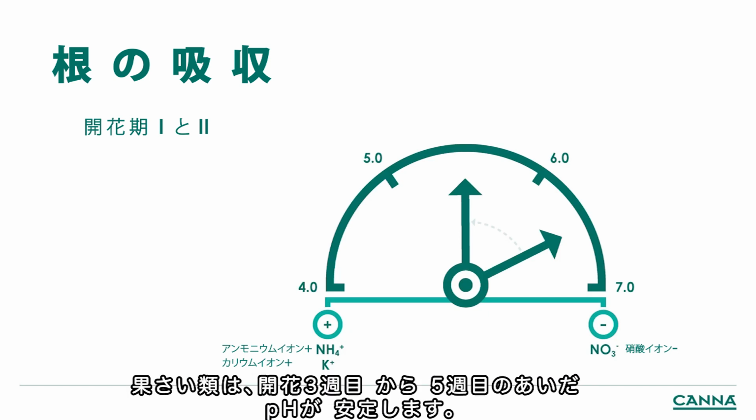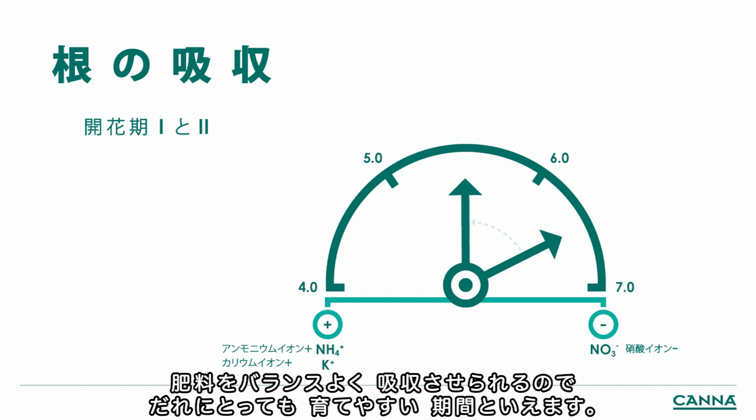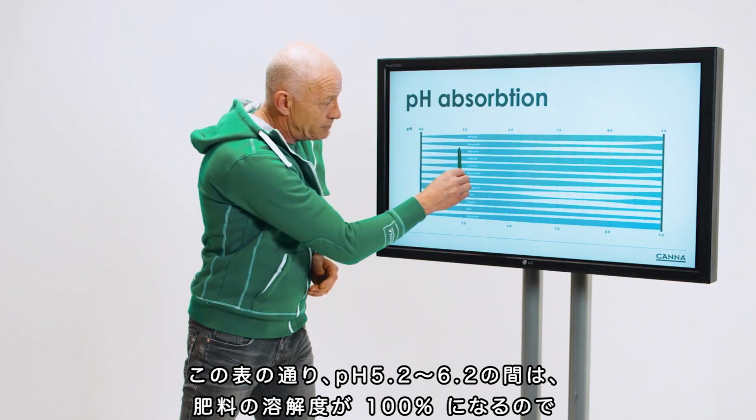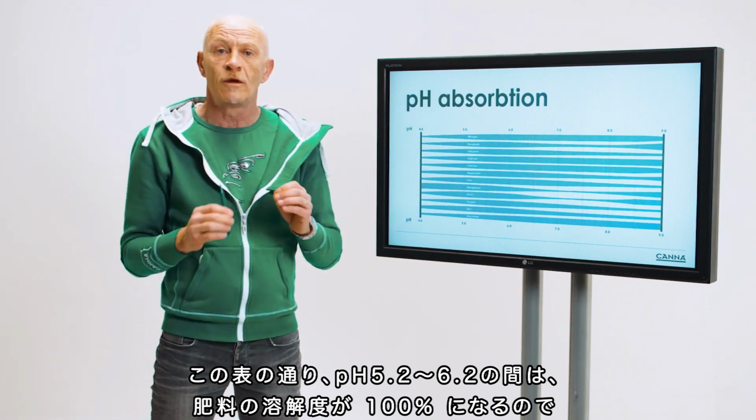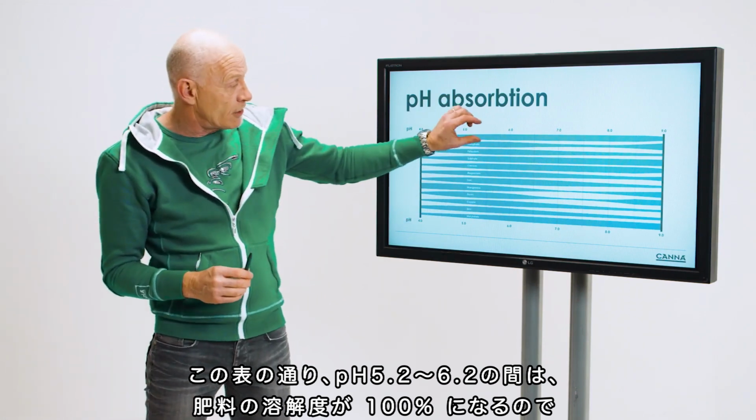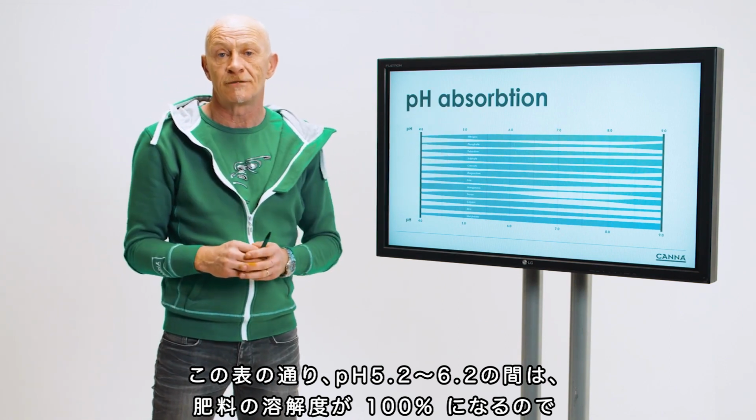We always say every grower can grow between week 3 and week 5 of the flowering phase. Because the pH is okay, the plant can take all the nutrient elements which he put in the nutrient solution. As you can see, between 5.2 and 6.2, all feeding elements are available for 100%.